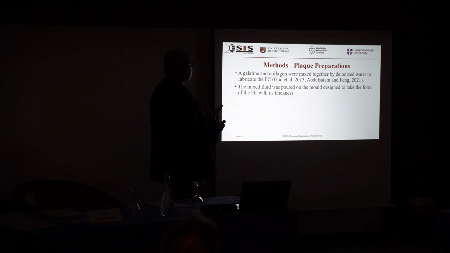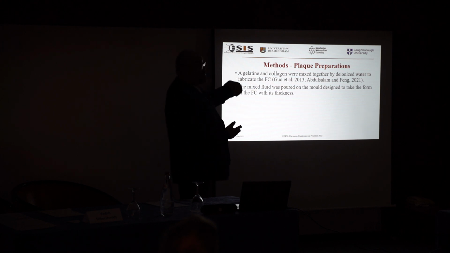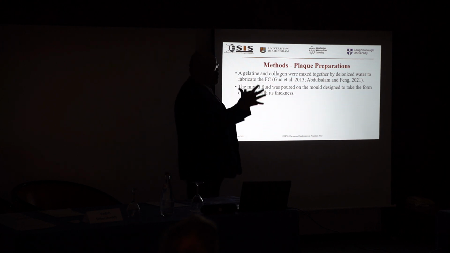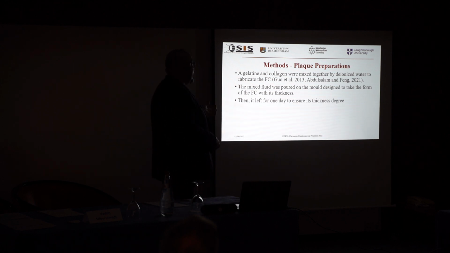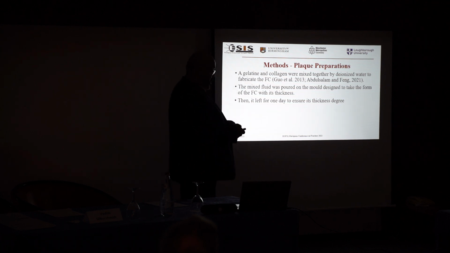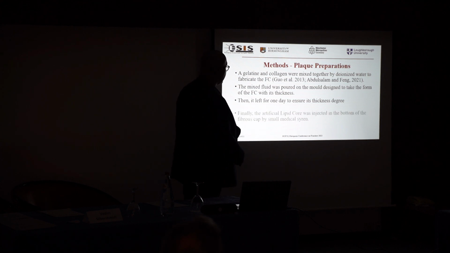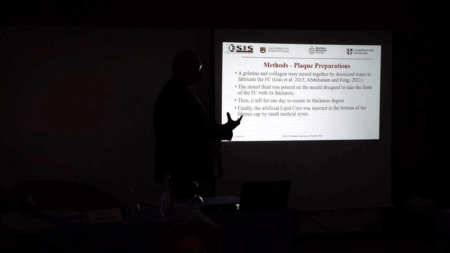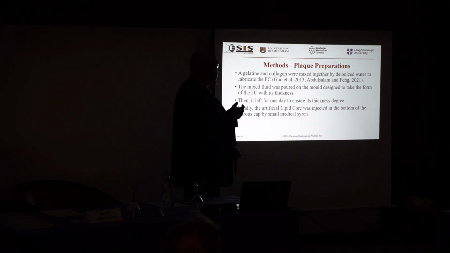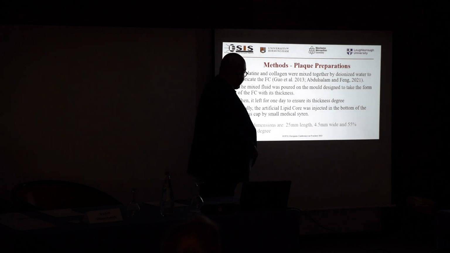This mixed fluid was poured in the mold, which takes the shape of the fibrous cap with its thickness, and then left for 24 hours to ensure its thickness. Finally, the artificial lipid plaque was injected into the bottom of the fibrous cap using a small medical syringe.